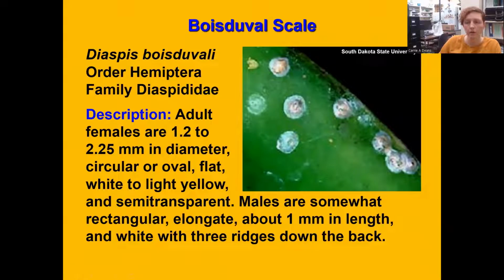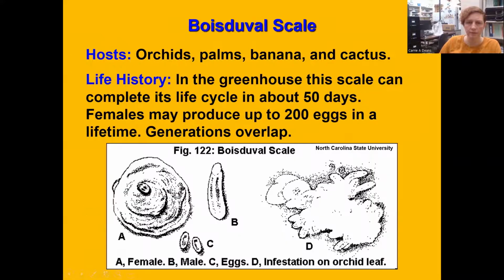All right, another type of scale, and this one is an armored scale here, so a Diaspididae, a Boisduval scale, which we can see here is a little bit more lightly colored. So these tend to be white or light yellow, almost transparent. They tend to infest things like orchids, palms, banana, and cactus.